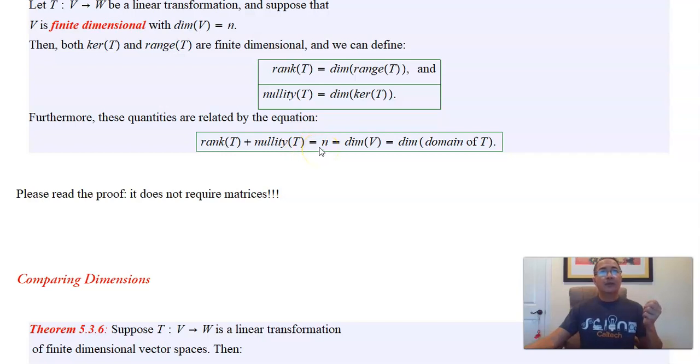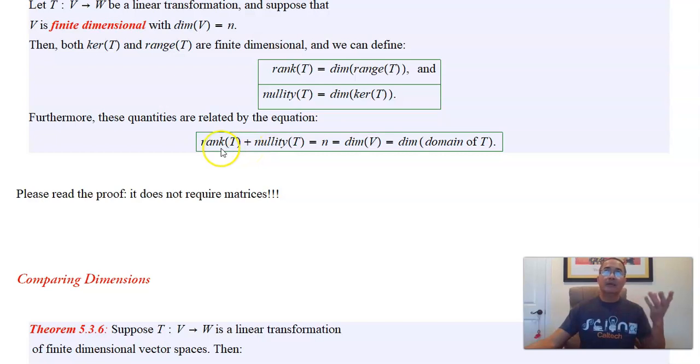If you're going from a bigger to a smaller, then n is the dimension of your domain, and the rank is at most the dimension of the codomain, which is smaller than n. So therefore your nullity has to be positive. Now what if you're going from smaller to bigger?